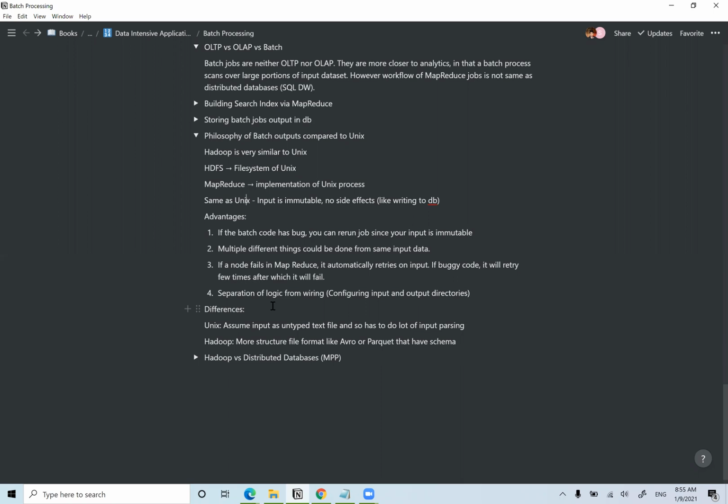That input parsing you have to do could be a little bit expensive. In Hadoop, generally you are storing data with a little more structure, so it is not as structured as your MPP kind of database, but it is also not as raw as Unix kind of data. So you are storing your data in Avro or Parquet like schema. So that's one difference between Unix and Hadoop. Yeah, that's pretty much it.